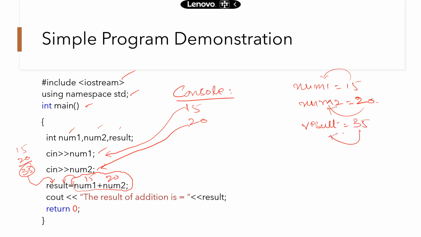Now we see the result of addition is the result, which is basically 35. So this 35 is going to get printed just after this equals sign on the console.